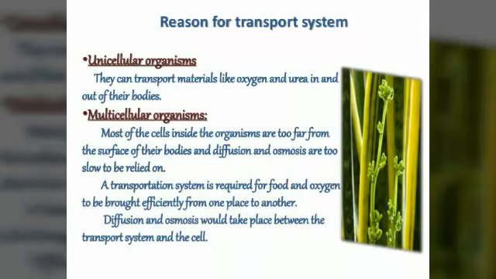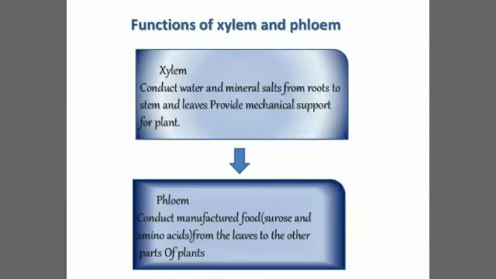The transport system in plants can be categorized in two parts. Number one, transportation of water, and number two, transportation of food. The transportation of water occurs by xylem.